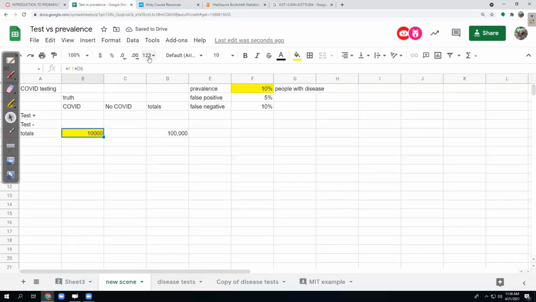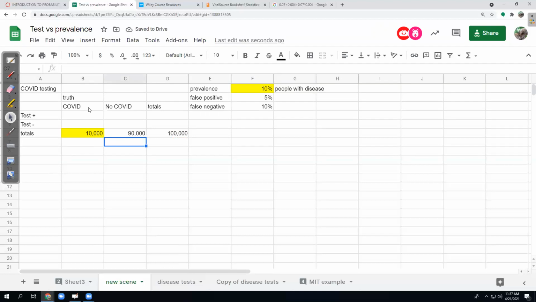Again, it'd be nice if that had commas so I don't mess it up. No decimal. Okay, so 10,000 people would be 10% of 100,000. Okay, so now I know how many people have COVID. I can just subtract to figure out how many people don't have COVID. So equals, out of this 100,000, take away the people with COVID, so that gives me 90,000.